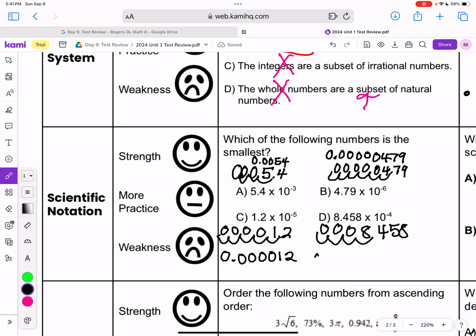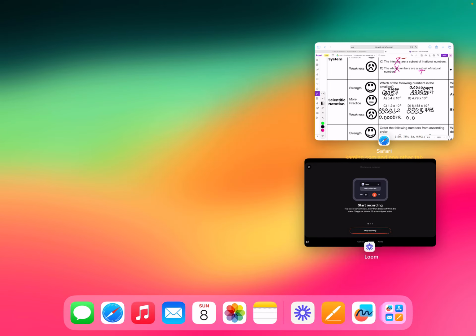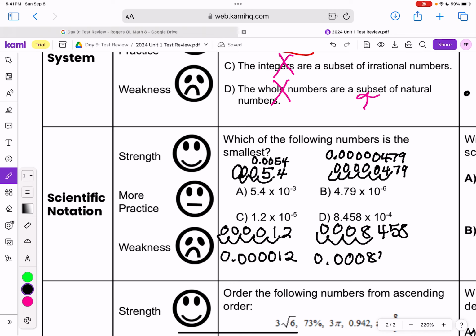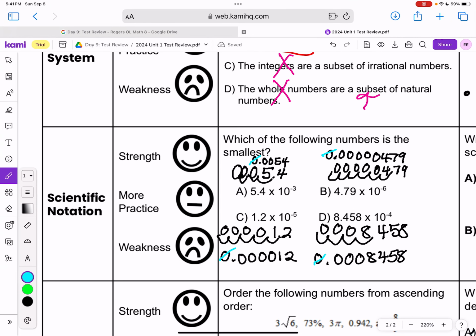Okay, so you take a look. And I like to do looking at the first one. So all the whole numbers are 0. And then from there, we're going to look at the tenths place. So the first decimal, we have a 0, 0, 0, 0. I have 1 0, another 0, another 0, another 0. So far, we've gone through the hundredths place, or about 2 numbers after the decimal.